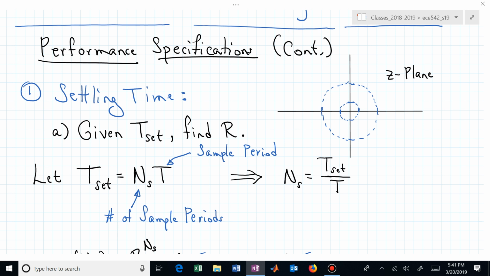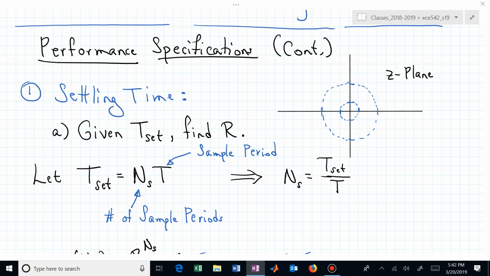And you could be given that settling time information a couple of different ways. Let's start by saying somebody gives you an absolute time for the settling time that they want to accomplish. What does that correspond to relative to how big this circle is? What's the radial distance, or radius, of this circle in the z-plane?